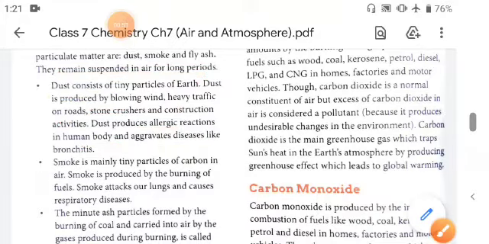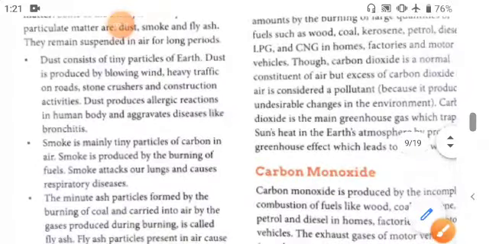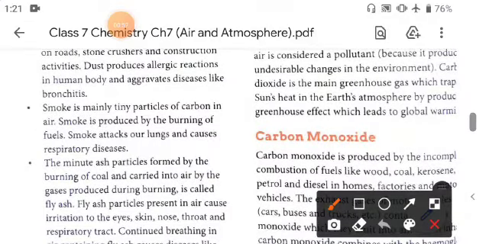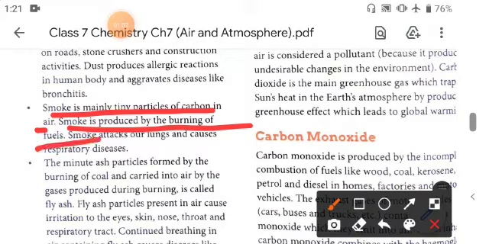Now smoke. You know that smoke is mainly tiny particles of carbon in air, and smoke is produced by the burning of fuels. This smoke attacks our lungs and causes respiratory diseases.